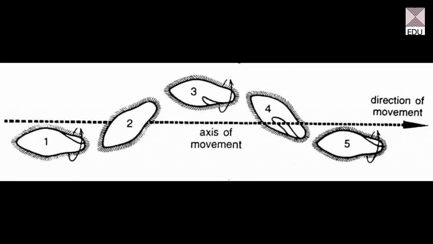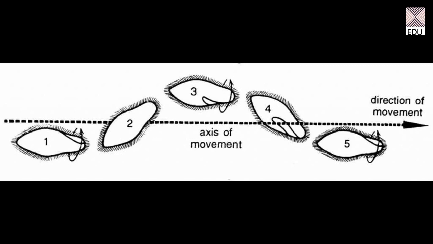So it moves anti-clockwise as well as spiral. In number 2, it is on the right side of the line. At number 3, it comes over the line. At number 4, it is on the left side of the line. At number 5, it comes back to the original position as it was in number 1. So it is below the line.